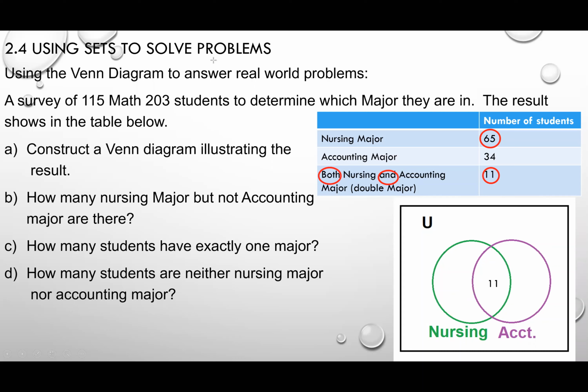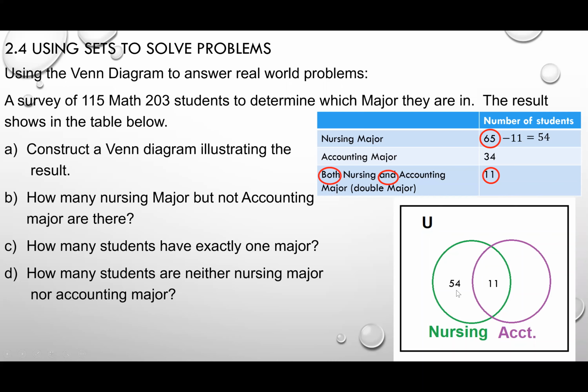Like I mentioned earlier, whatever you use, you cannot use again. You have to deduct them out. My green circle has a total of 65, but I already counted 11 of them. So I take 65 minus 11, which gives me 54. 54 plus 11 equals 65, the total capacity of my nursing major.